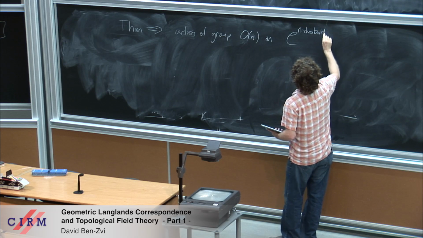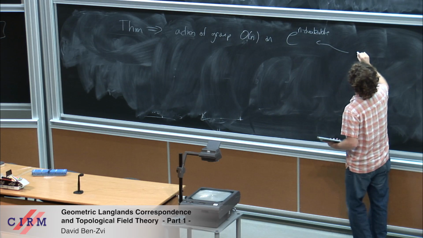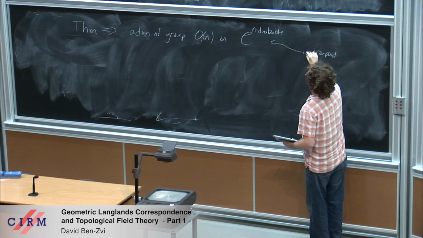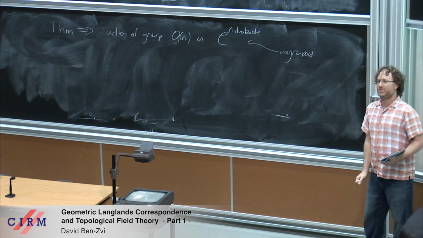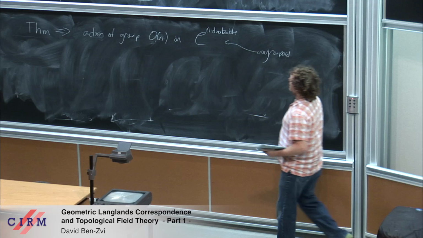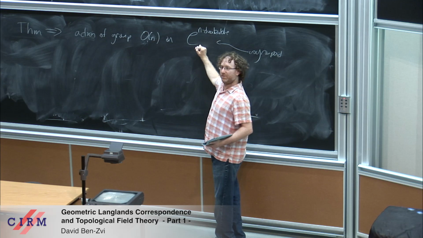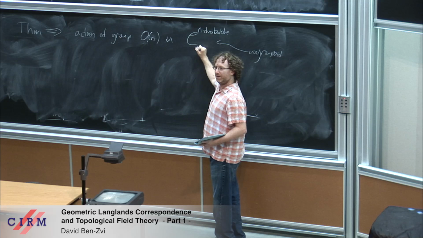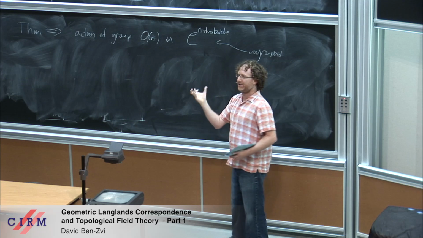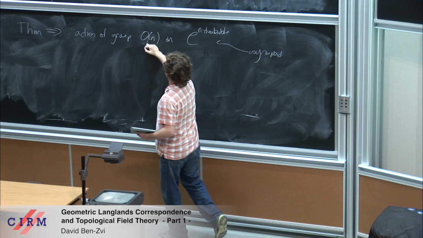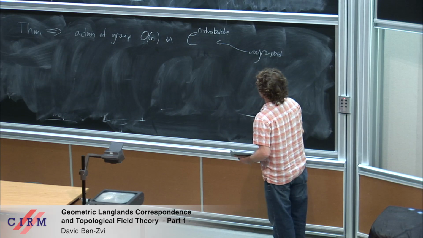There's an infinity groupoid, or a space, where I look at all the fully n-dualizable objects, and a fully dualizable object is the same as a framed topological field theory by the theorem. But on framed topological field theory, I can change the framing. So this gives me an action of the group O(n) on this space.